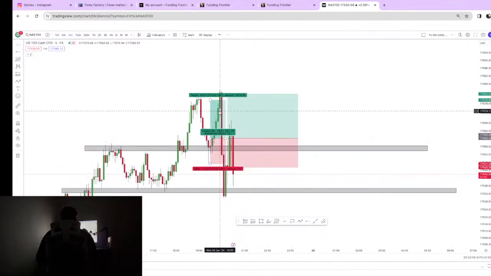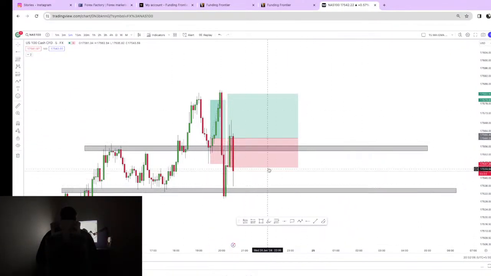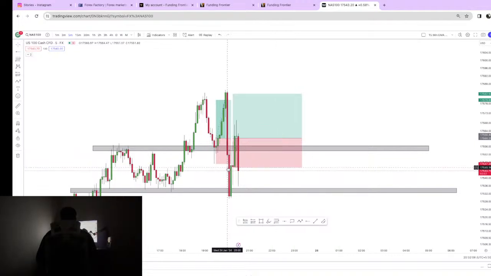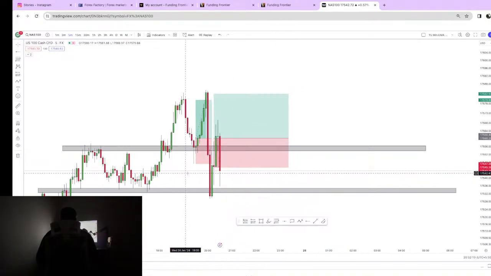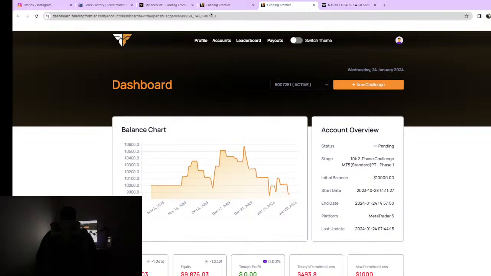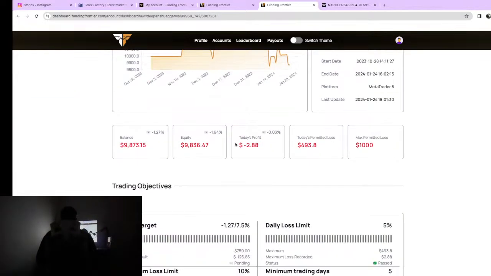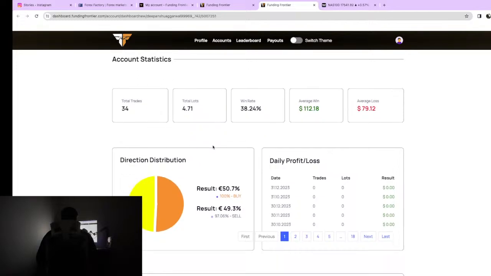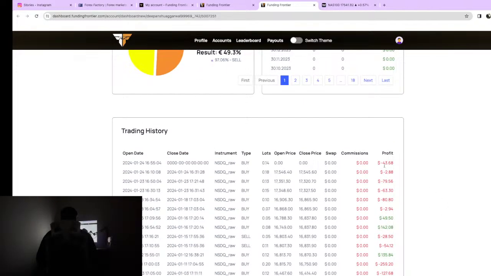Okay, so let's end today's session. We'll meet again tomorrow. And now our balance is 9836, right? So these are today's two trades.